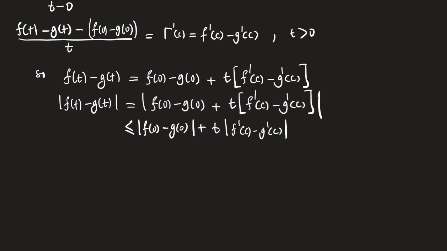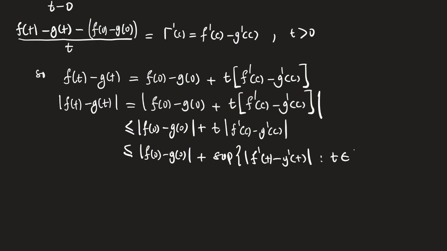So this thing is also less than |f(0) minus g(0)| plus the supremum of |f prime t minus g prime t|, t in [0,1]. This is because t is less than 1, and the supremum is always bigger than or equal to any point that you are taking the supremum of.